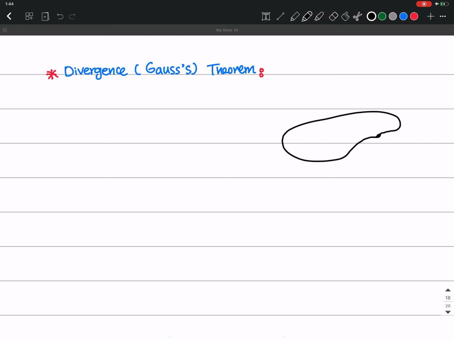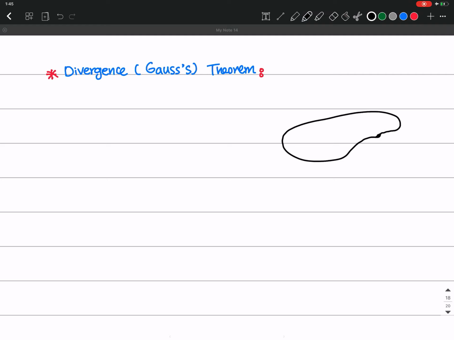In order to start that, again, we need this divergence or Gauss's theorem. For those who might not remember it from their calculus course, I'm just going to give you a reminder of what it means and how we are using it.